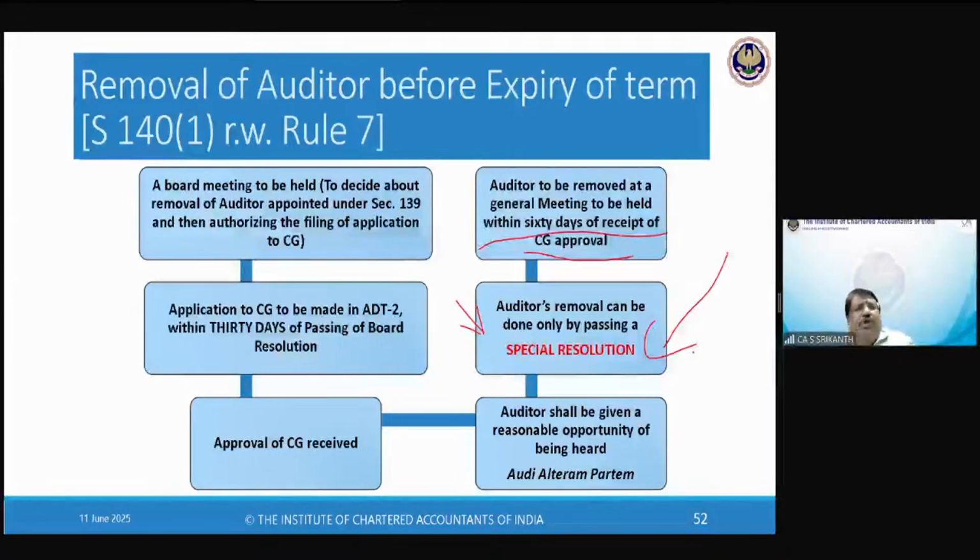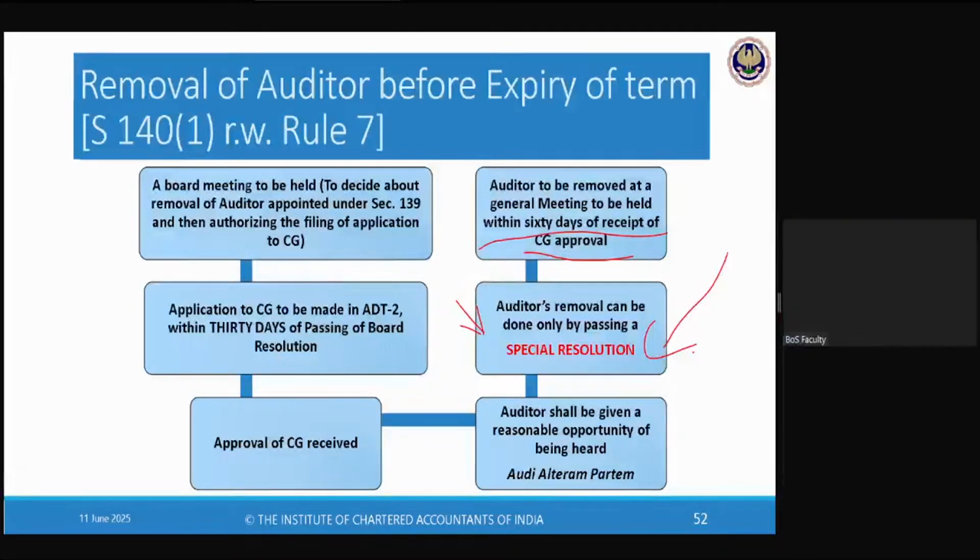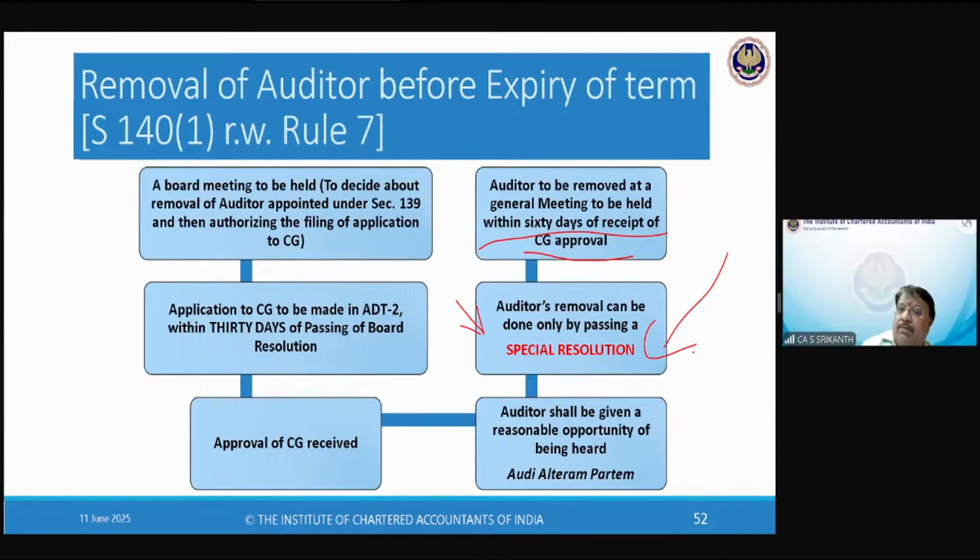Even without the statutory condition, in my humble view, the central government is exercising a quasi-judicial function here, so natural justice applies. Who is the other party here? The company is making the application. The other party is the auditor, who should be given a reasonable opportunity of being heard.